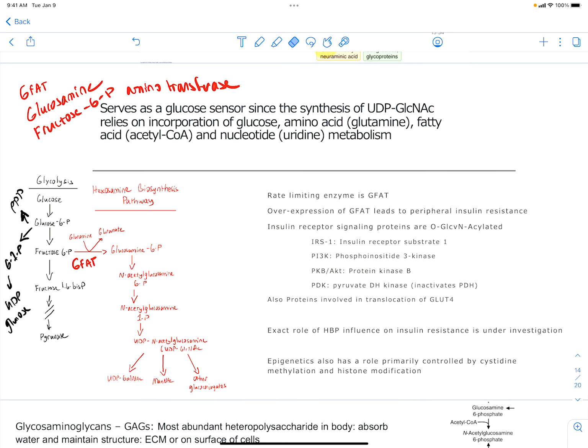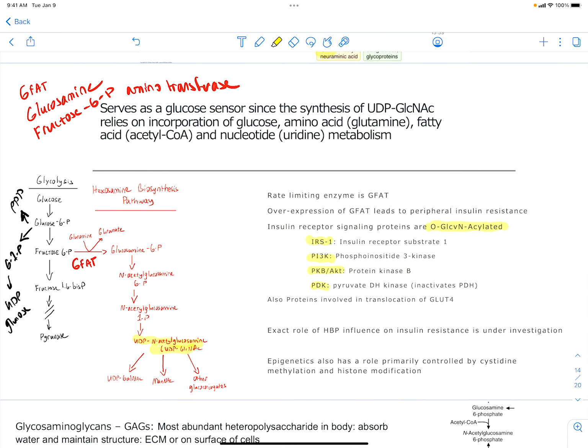And this is especially important, it turns out, in adipose tissue. So one thing that's happening with Gfat is you're generating N-acetylglucosamine down at the very end. And this is going to be used to glycosylate, not phosphorylate, glycosylate. And this is going to be linked through oxygen, through the O, and this is going to target many of those enzymes that are involved in insulin.